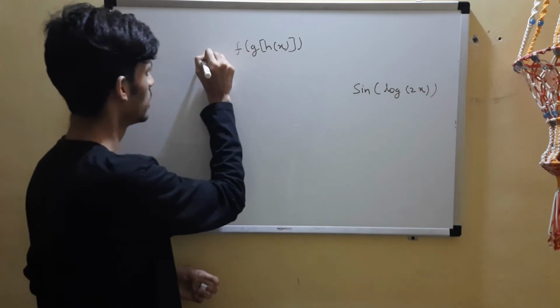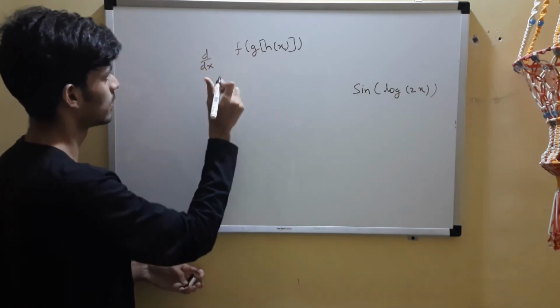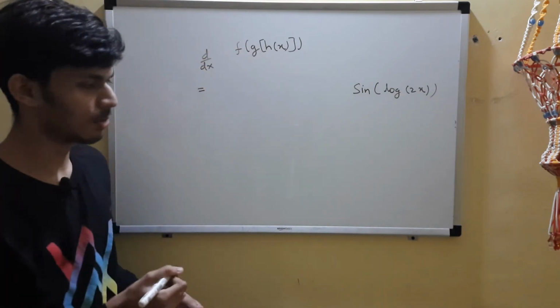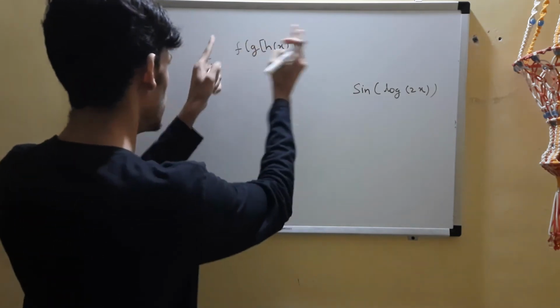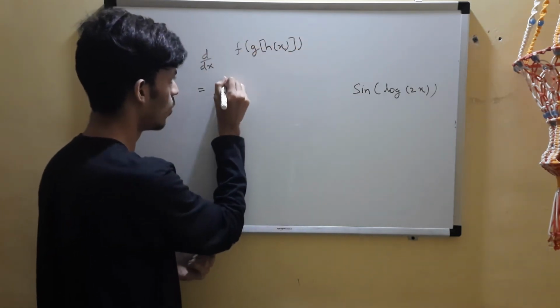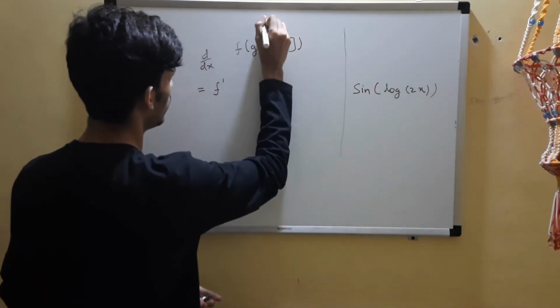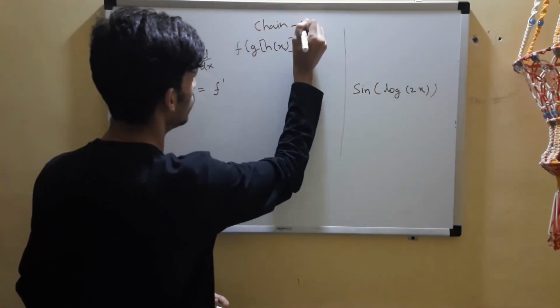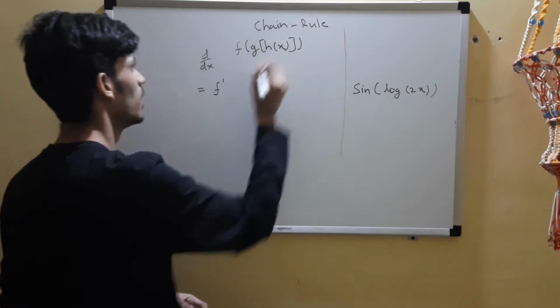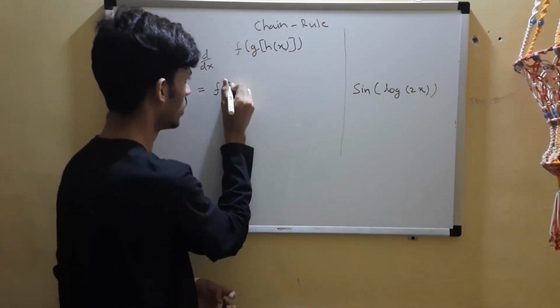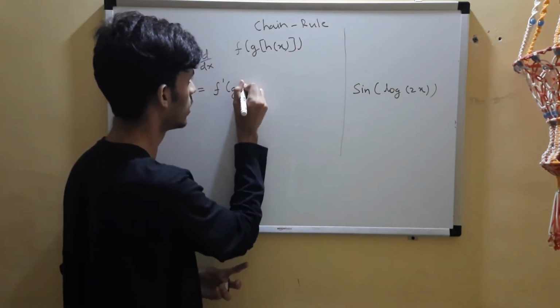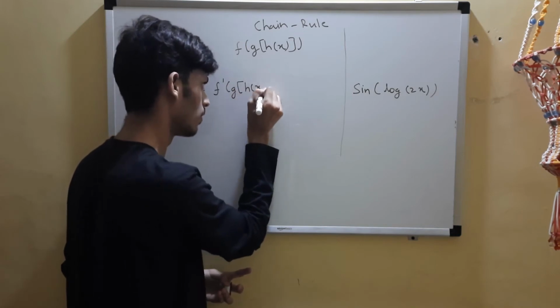So how do you differentiate that? dy by dx, how do you get that? It's very simple. You first see the whole thing, differentiate the outermost thing. This is called the chain rule. Differentiate the outermost thing, so f, and keep other things the same.